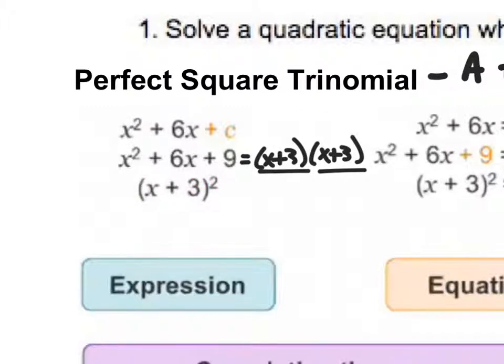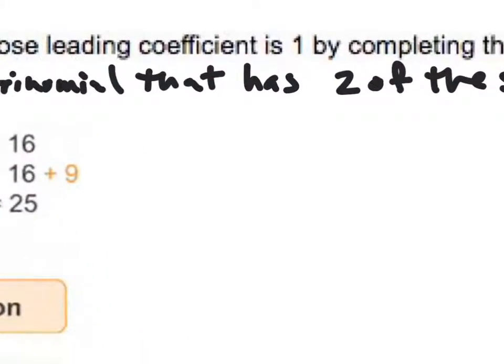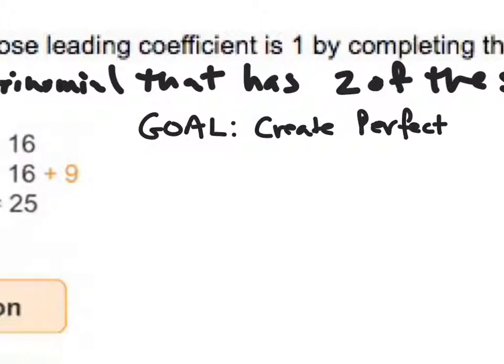Now, the interesting thing is that we first start off with this expression here, okay? x squared plus 6x plus c, okay? And what we are going to do is create, so our goal here is the ability to create perfect square trinomials, okay?